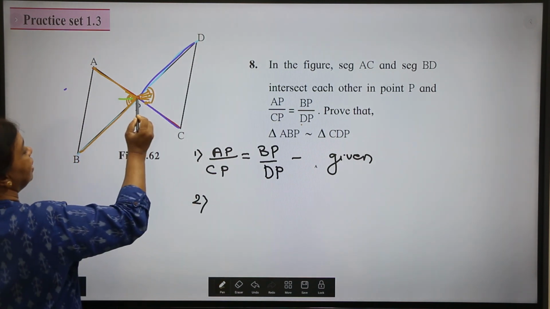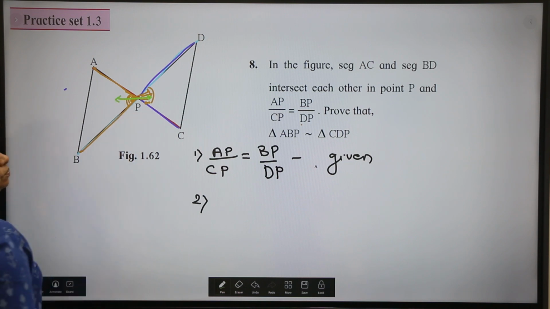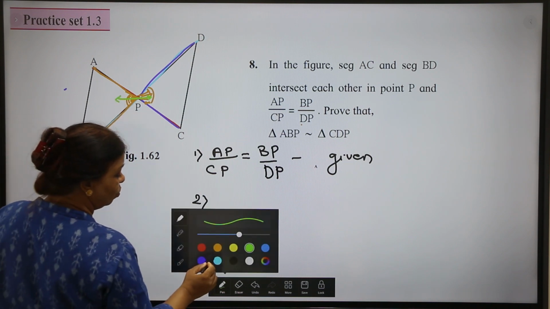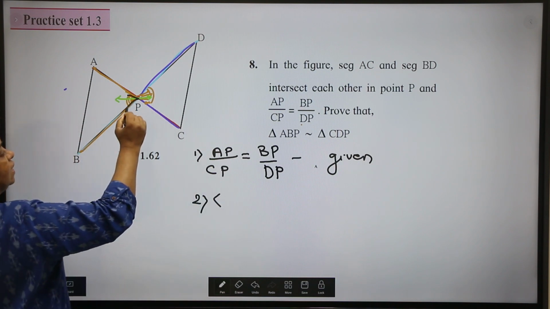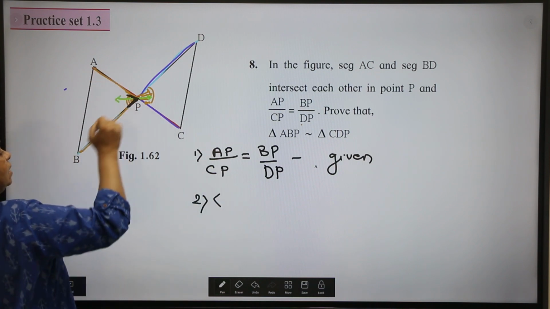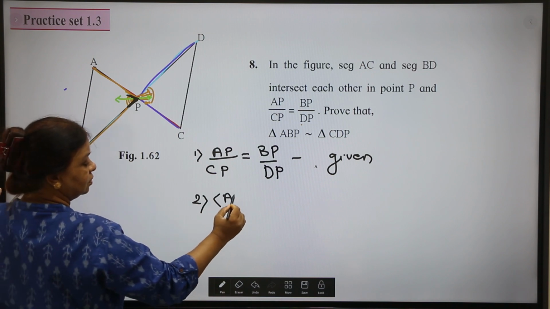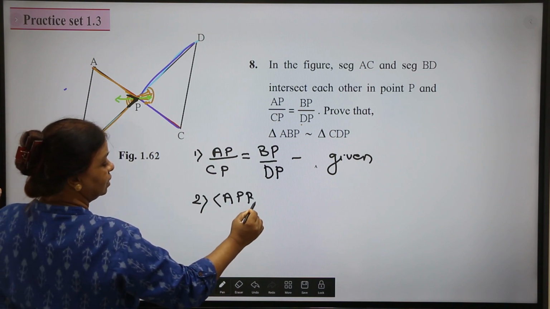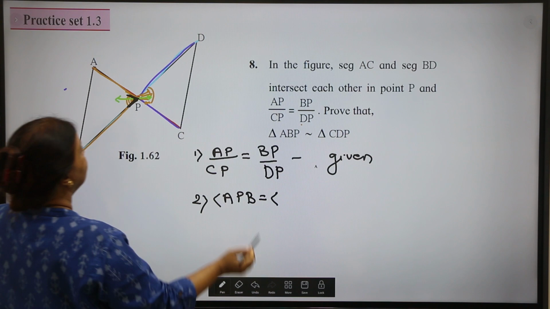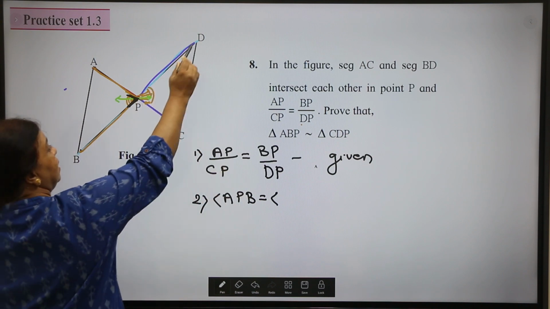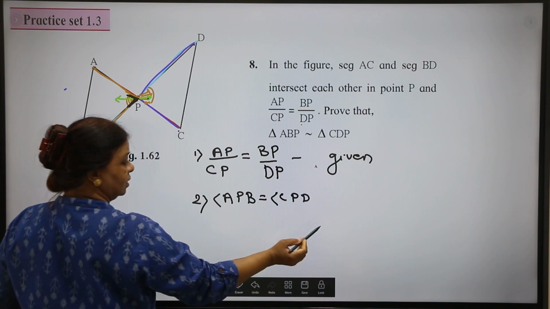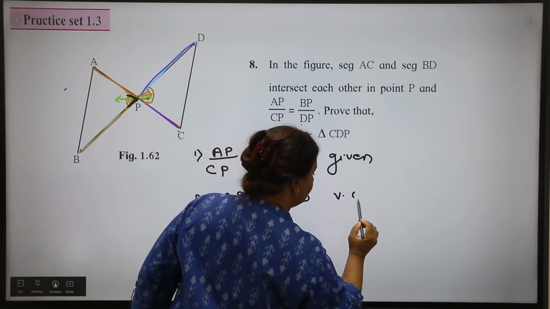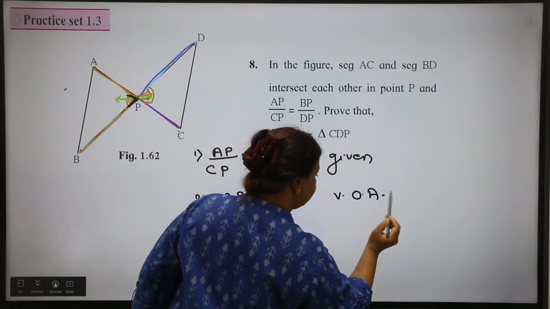These are vertically opposite angles. Therefore, if I want to name this angle, angle APB is equal to angle CPD, and the reason is vertically opposite angles.